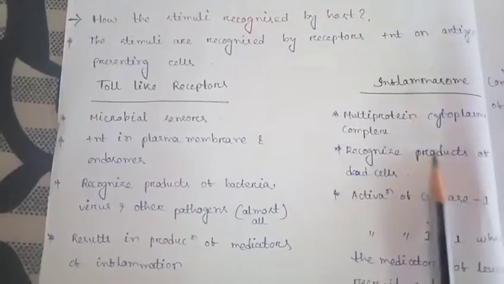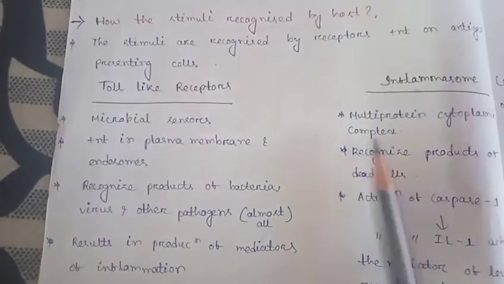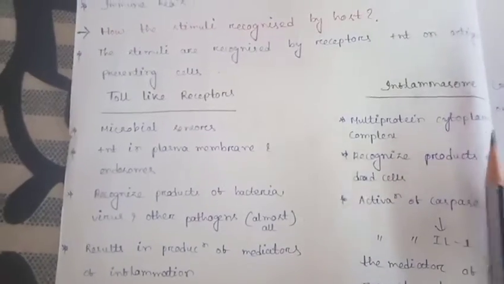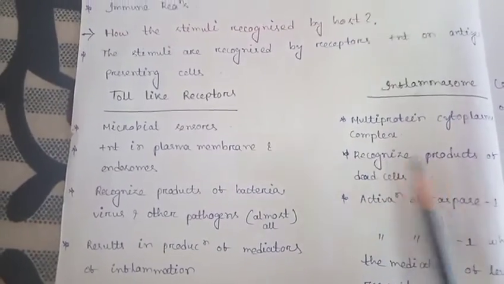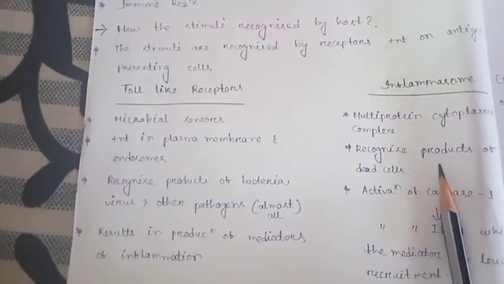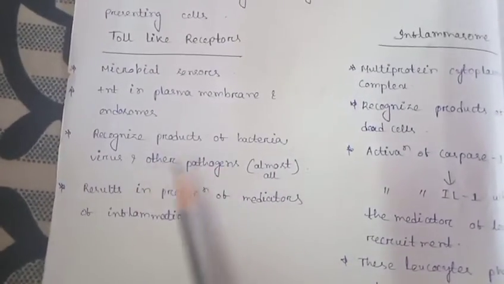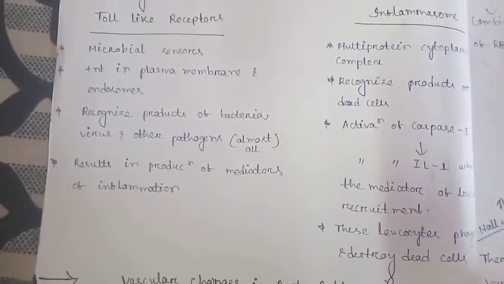The inflammasome is a multiprotein cytoplasmic complex. Inflammasomes are multiprotein cytoplasmic complexes that recognize the products of dead cells. Toll-like receptors recognize products of bacteria, viruses and other pathogens, meaning almost all types of pathogens.